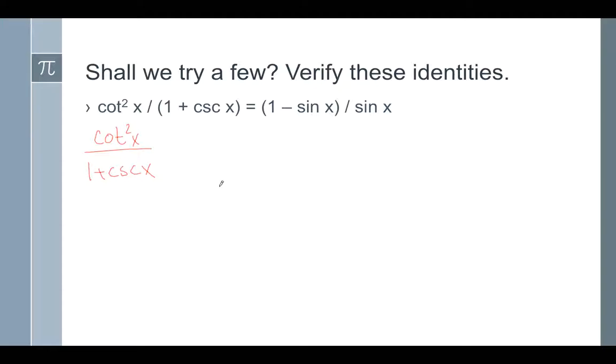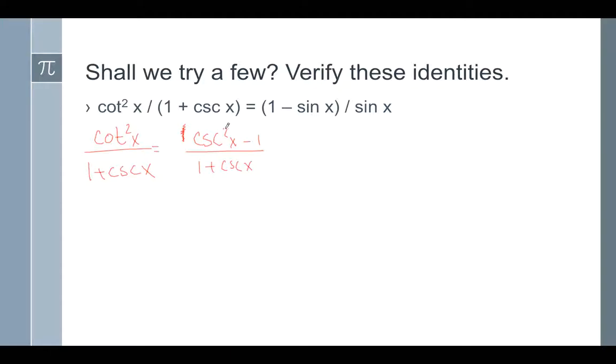All right, now there's a few different things you could do in this case, but the one I want to do is I want to change cotangent because I know in the Pythagorean identity that cotangent squared plus 1 is equal to cosecant squared, which means cotangent squared is equal to cosecant squared x minus 1, and I still have over 1 plus cosecant x.